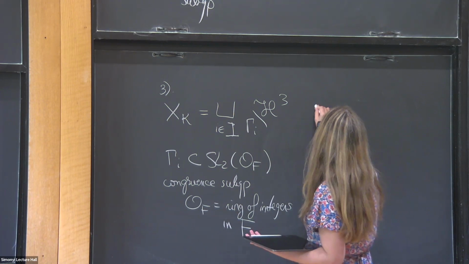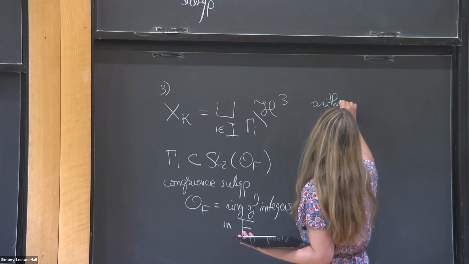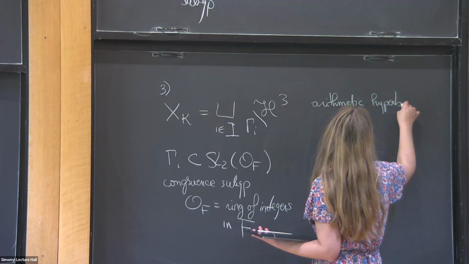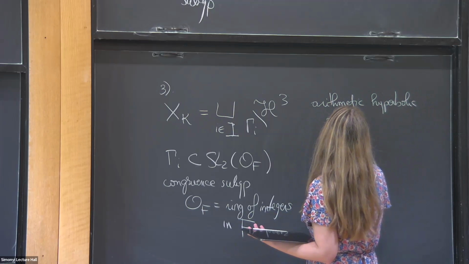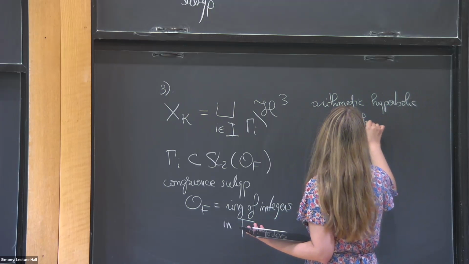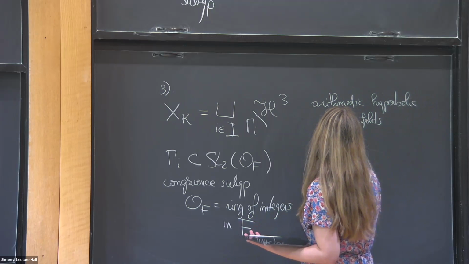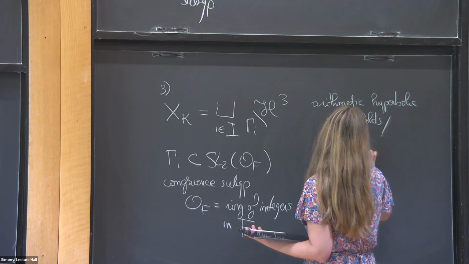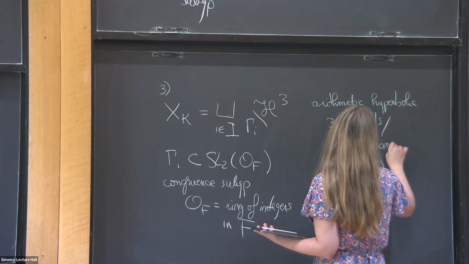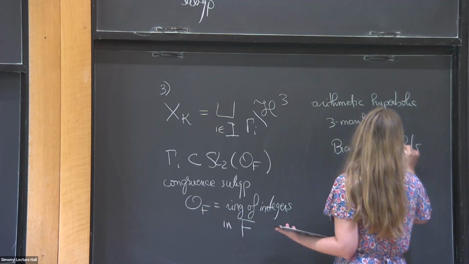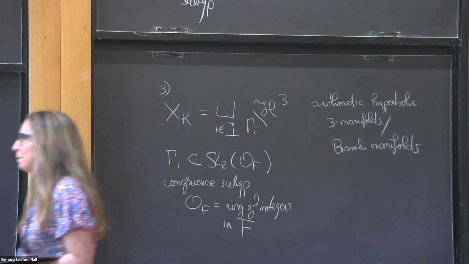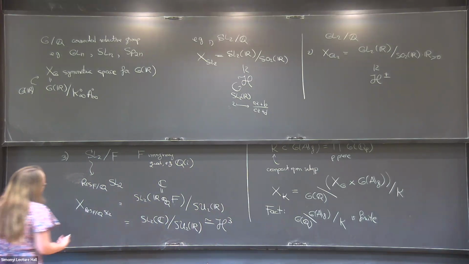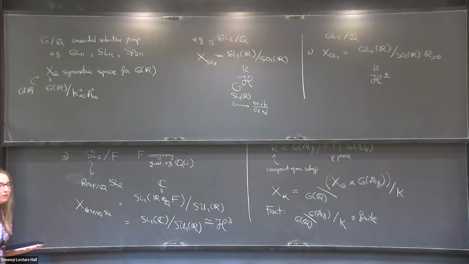So these are called arithmetic hyperbolic 3-manifolds. And another name for these particular spaces is Bianchi manifolds. Okay, and so these are the kinds of spaces on which modular forms and their generalizations live.